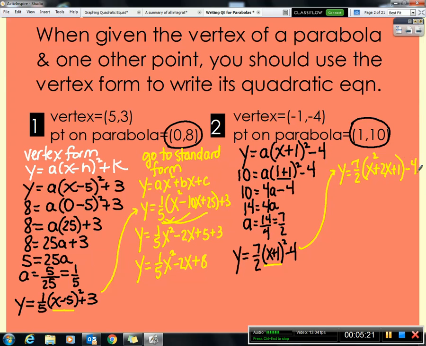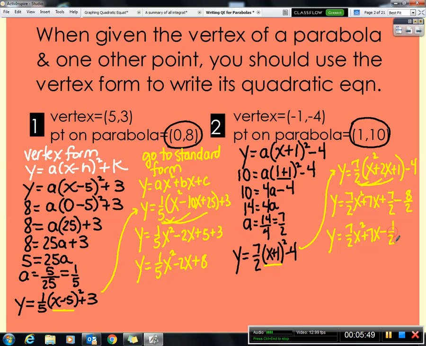Now distribute. So 7 over 2 times x squared. Guys, 7 over 2 times 2 is just 7x. And then 7 over 2 times 1 is 7 over 2. Uh-oh, minus 4. Let me write that as minus 8 over 2 so I can add those more easily. So y equals 7 over 2 x squared plus 7x minus 1 over 2.